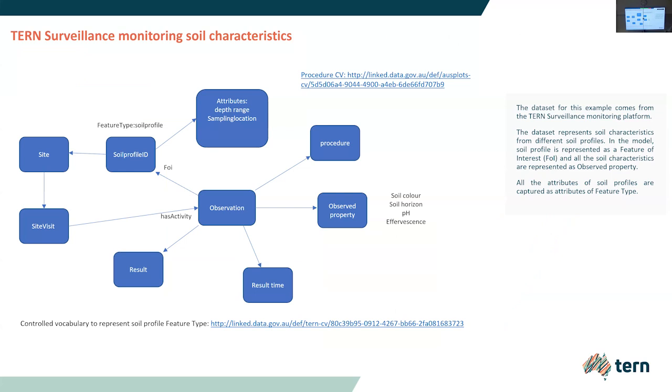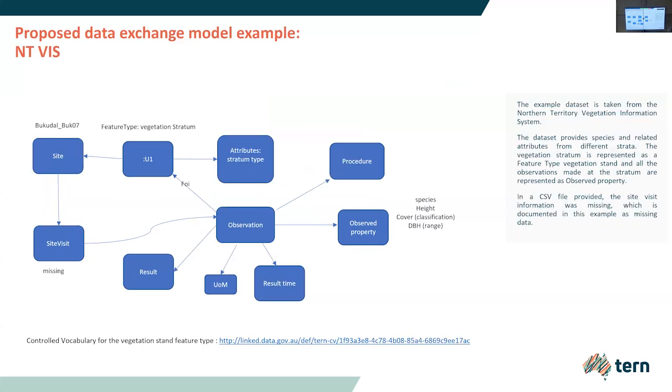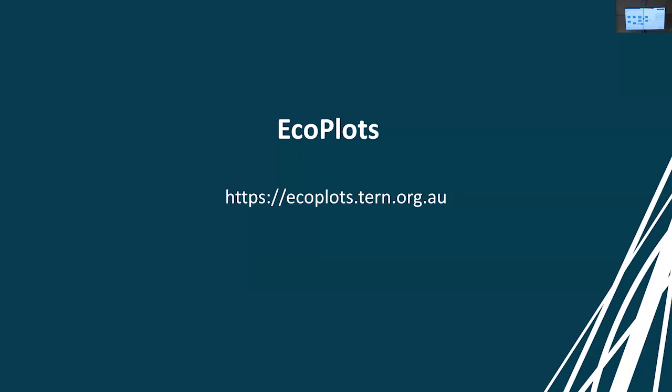So you have a sampling, that is where you do the sampling location. And then you do the observation of that. So you get like a soil color, soil horizon, pH, everything is the observation based on that. Okay, so that's how they represent it. So this is one of the examples. I will skip this just in the interest of time. It's 25 minutes kind of thing.